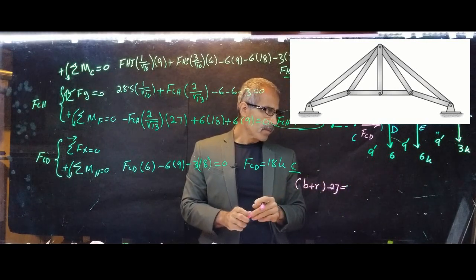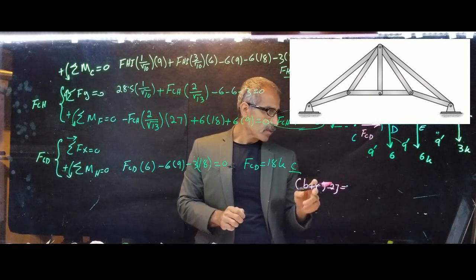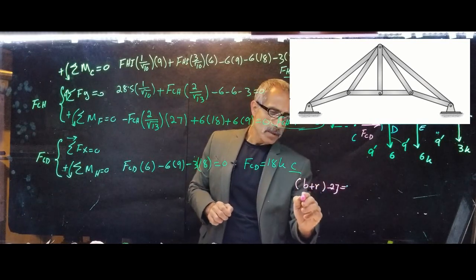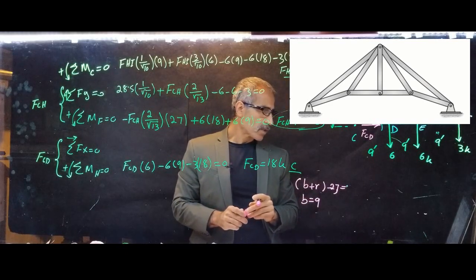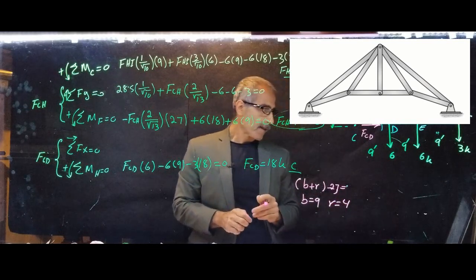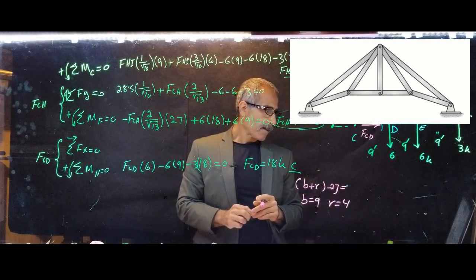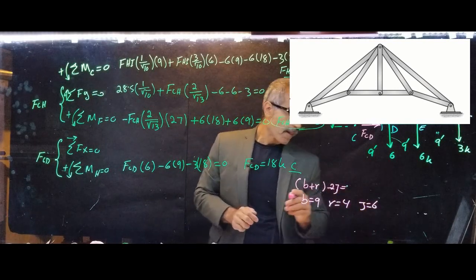If you count all the members, we have 9 members, so b equals 9. Then we have reactions. We've got 4 reactions, so r equals 4. And counting the joints, j equals 6.